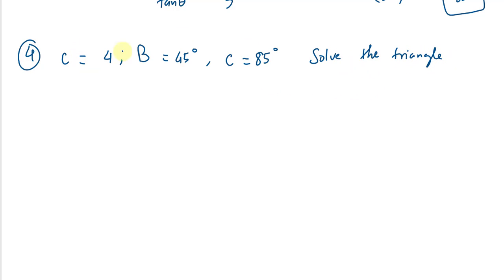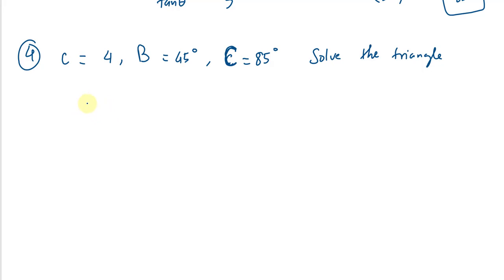The capitalized letter B is the angle, and the small c is the side that is opposite to the angle C. Now we know that B is 45, C is 85.